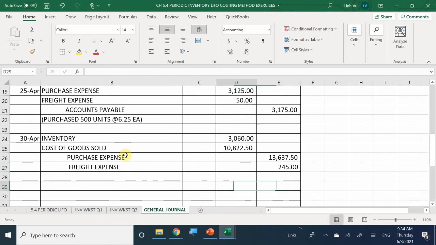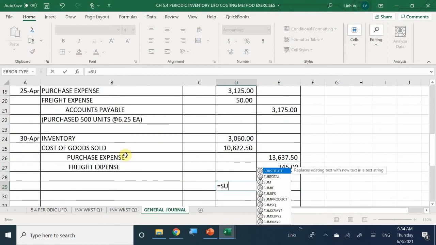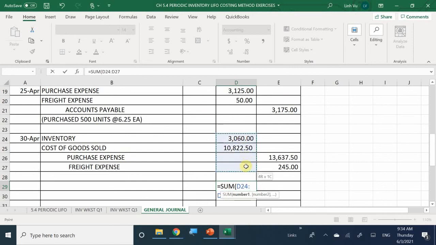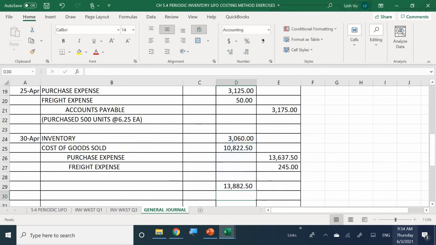Good. So before we can move on, we always need to check one thing for sure. Do my debits match my total credits? In this case, I have 13,882.50 on the left, and I have 13,882.50 on the right.